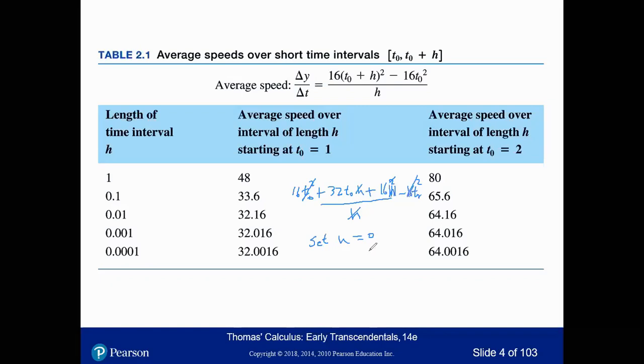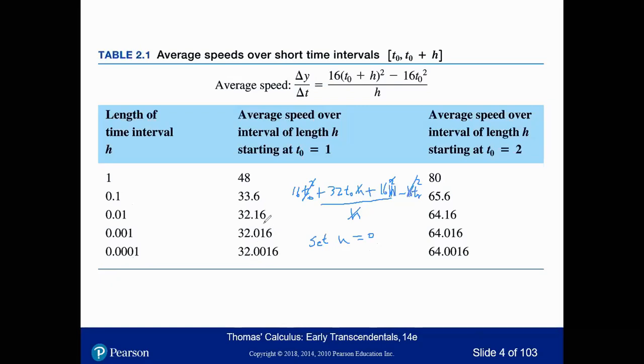You can see that we're dwindling h. That means we're taking it smaller, smaller, smaller. When h goes to 0, this value goes to 32. Is everybody convinced? This is only when t0 is equal to 1.